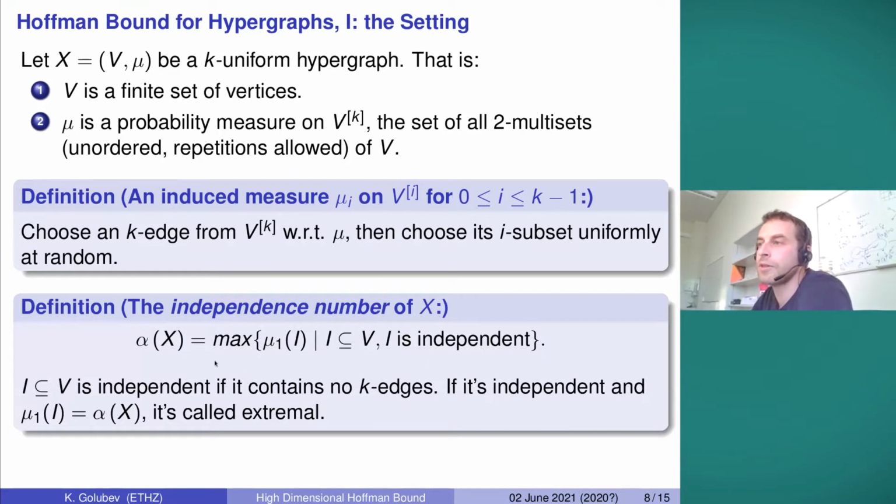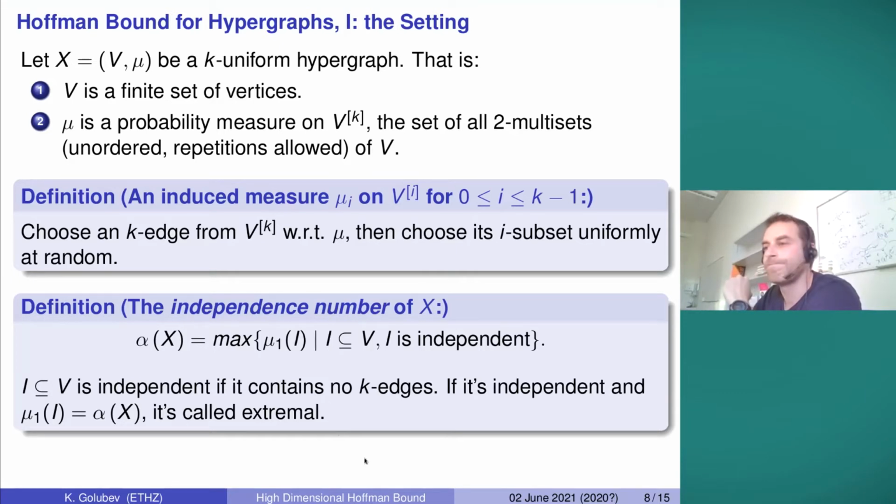Then we'll be interested in the independence number of X. This would be the measure with respect to mu_1 of a set. The set is called independent if it contains no k-edges, no maximal edges. Particularly, if we talk about a three-uniform hypergraph, an independent set is allowed to contain pairs which belong to the same hyperedge, but not triples which form an edge.